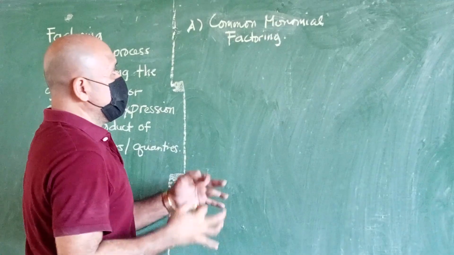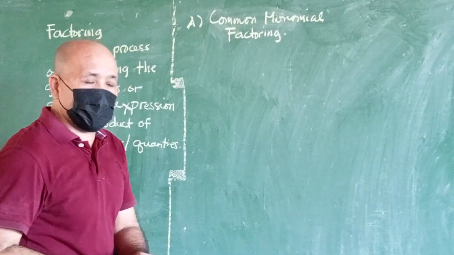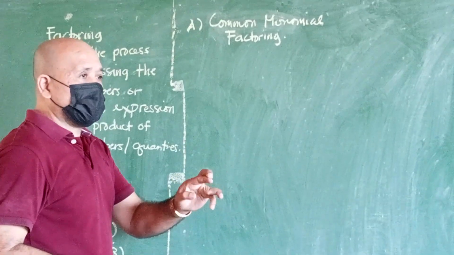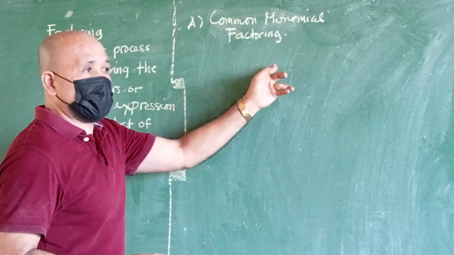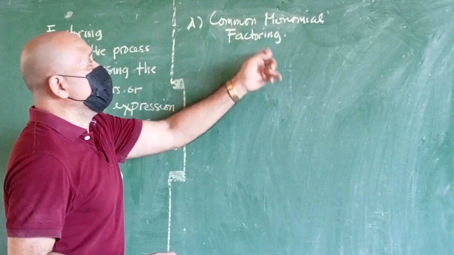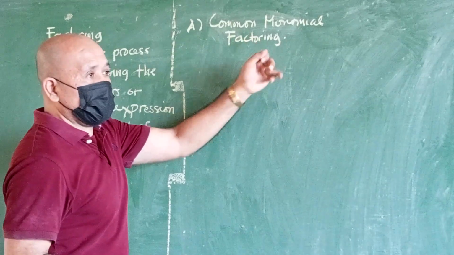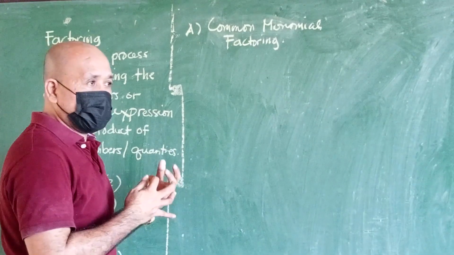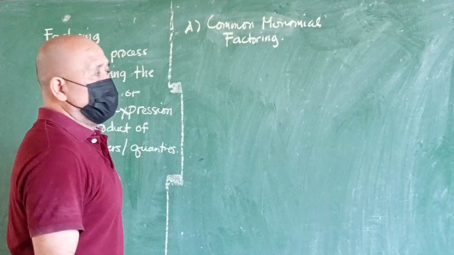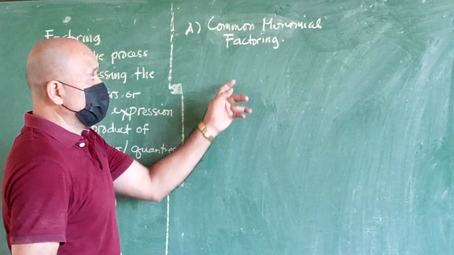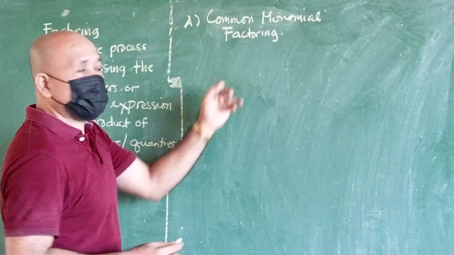That means that in a given algebraic expression, there is something which is common in the first term and the next term. And that is what we call common monomial. And you need to factor that out so that the resulting factors are what we call a simplified form of the given.